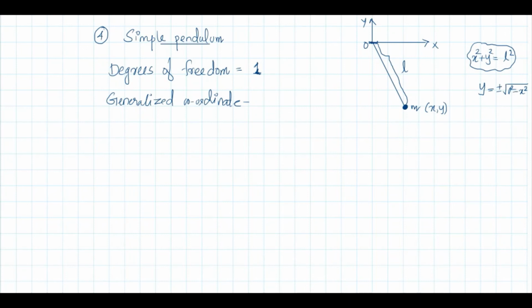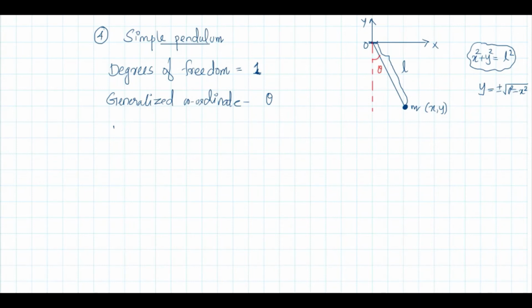Therefore, that is not a suitable choice. Y is also not a suitable choice. And here we can choose the angle made with vertical. That is the angle from this vertical. Theta as a suitable generalized coordinate. So a suitable generalized coordinate is theta.